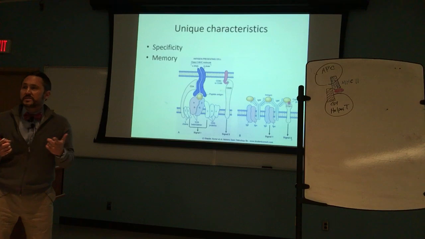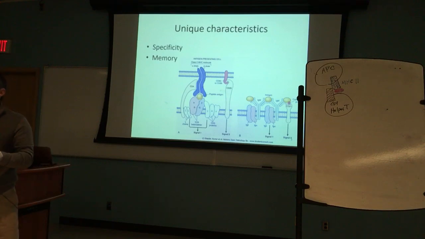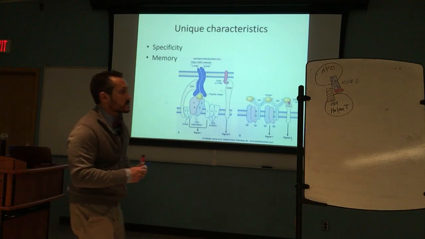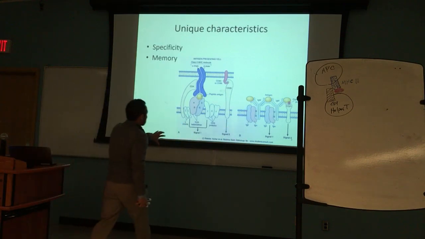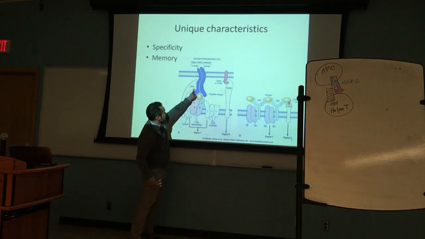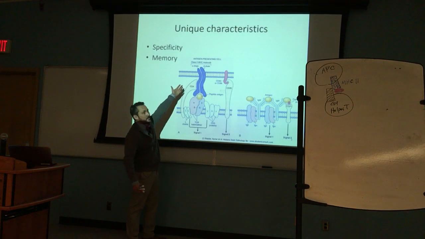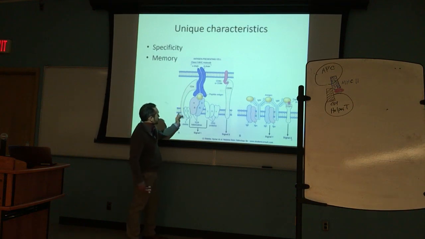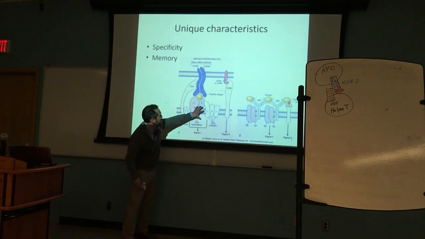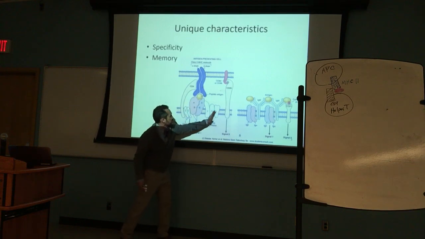These 2 signal events equal what we call co-stimulation. You read about co-stimulation in your text, and we're going to talk about what that looks like right now. Signal 1 is this event right here. You've got an alpha and beta chain on the MHC2 complex. It binds to the CD4 portion, and then there's this TCR heterodimer stuck in the membrane that has all these different subunits.